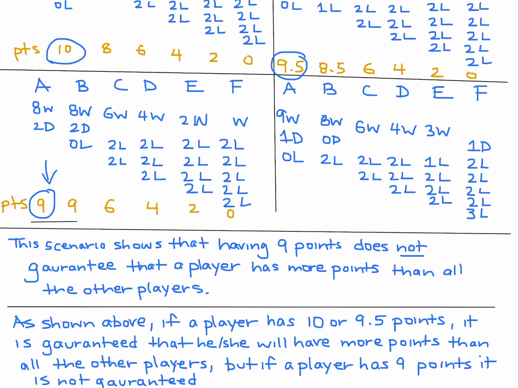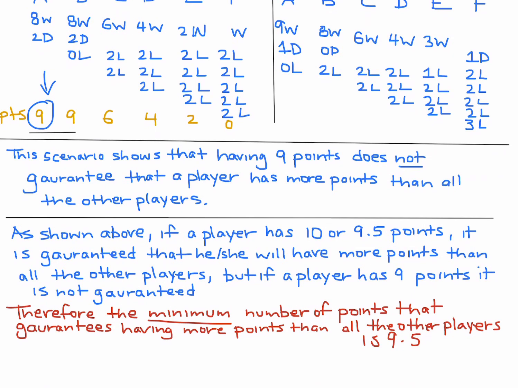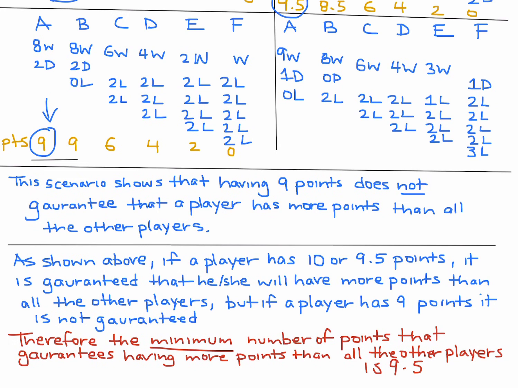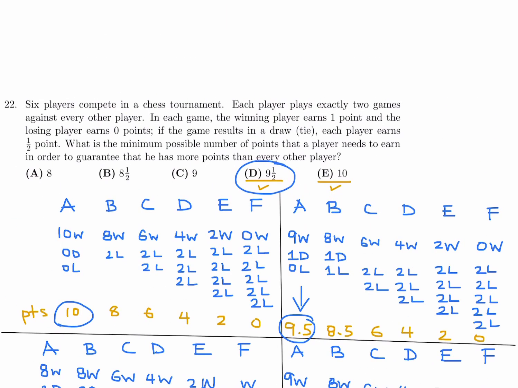So that means the minimum number of points that guarantees a player to have more points than all the others is 9.5, which would be right here. And that is the final part of the question. Therefore, the minimum number of points that guarantees having more points than all the other players is 9.5. And therefore, the answer to number 22 is D.